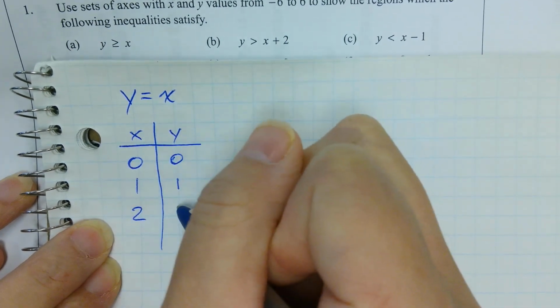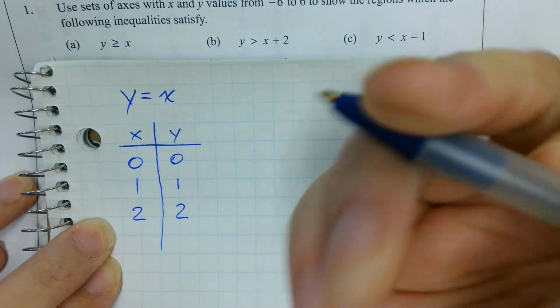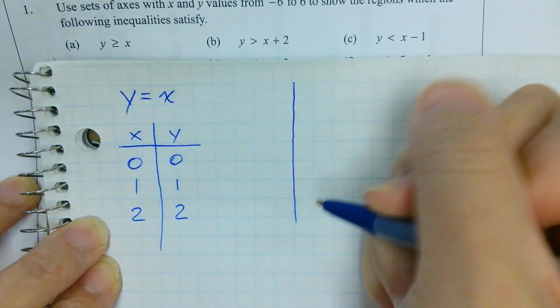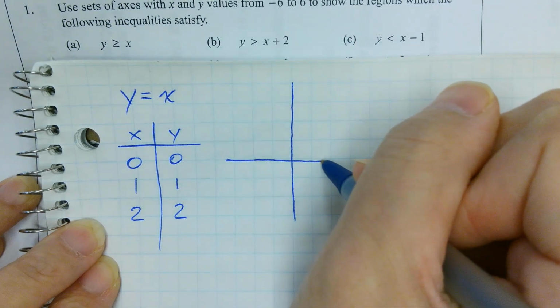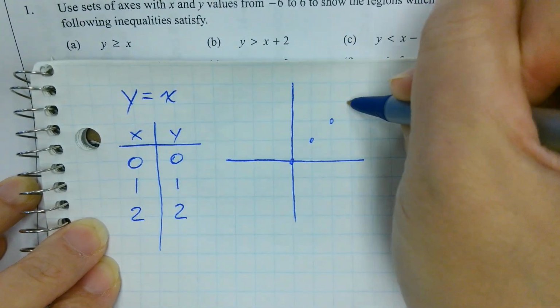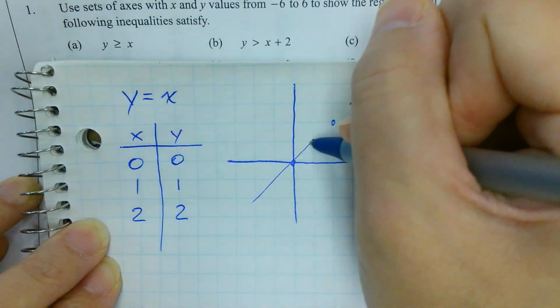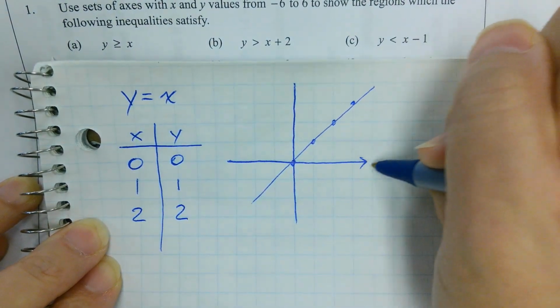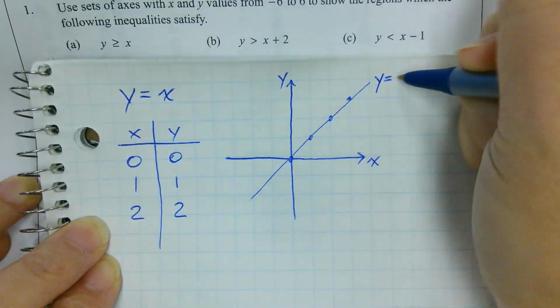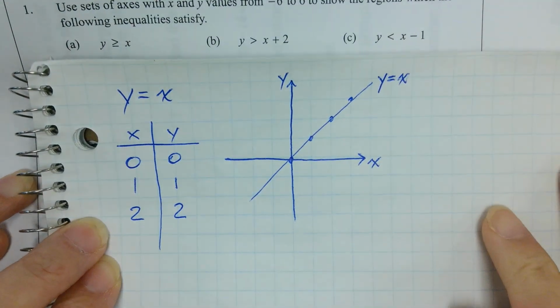When x is 2, y is? Yeah, and so forth. So your graph for y equals x is like this. So this is x, this is y, and this is your equation, y equals x.